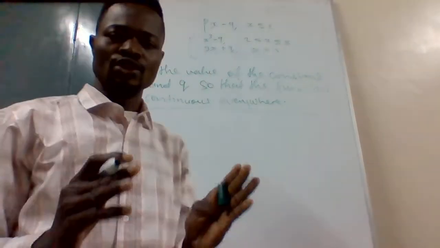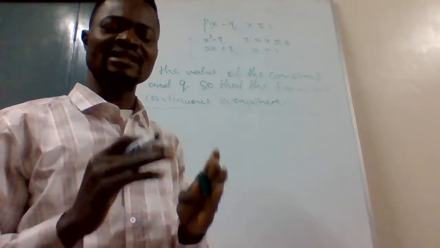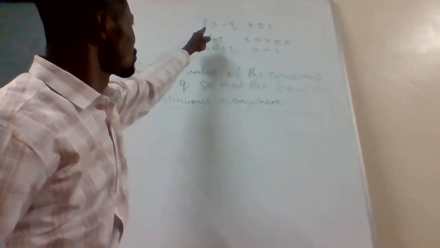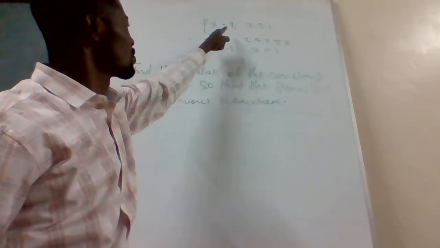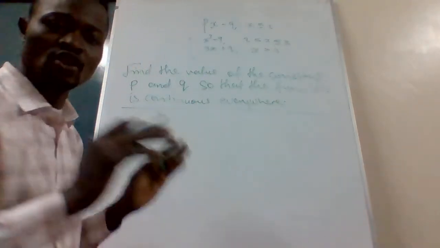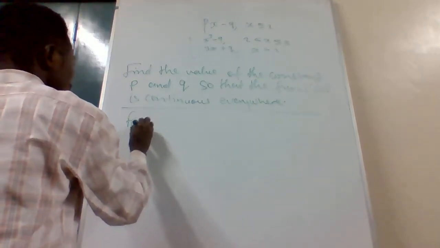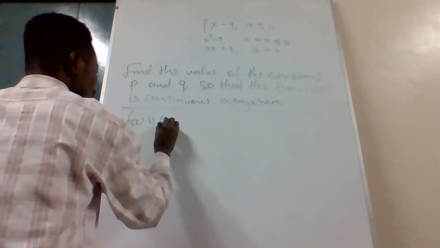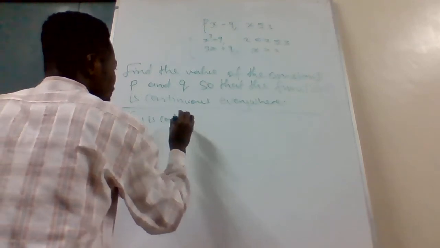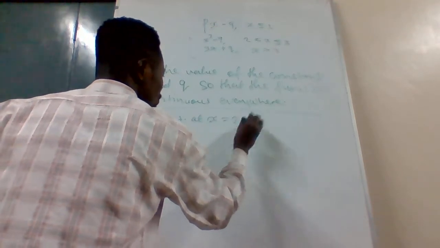First of all, you need to know that the function f of x is continuous at x equals 2, because we are told that it is px minus 9 for x less than or equal to 2. So we say that f of x is continuous at x equals 2.